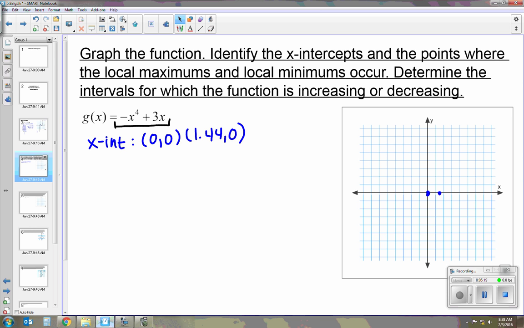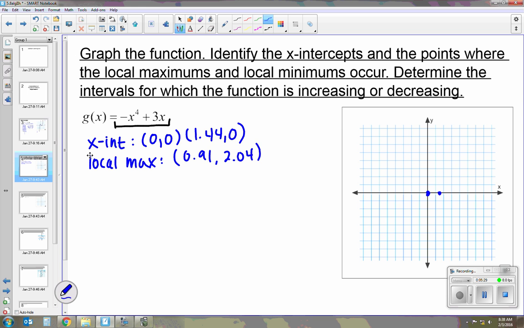We have a local maximum, which is at (0.91, 2.04). We do not have a local minimum. So we can graph this about (0.91, 2.04), about here. And we can sketch it out just like that.